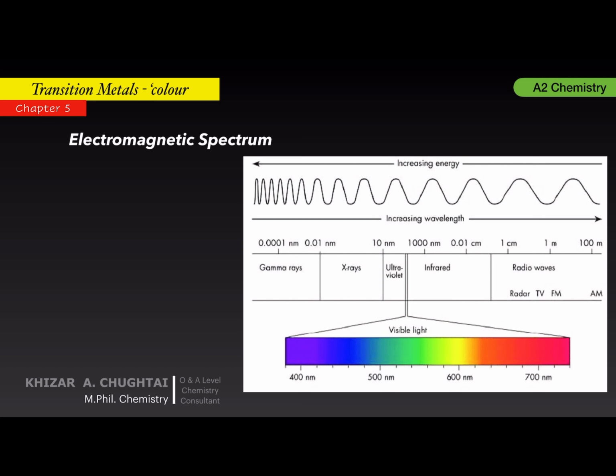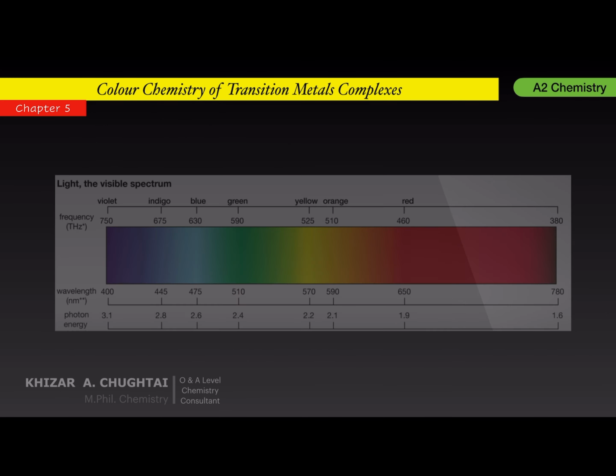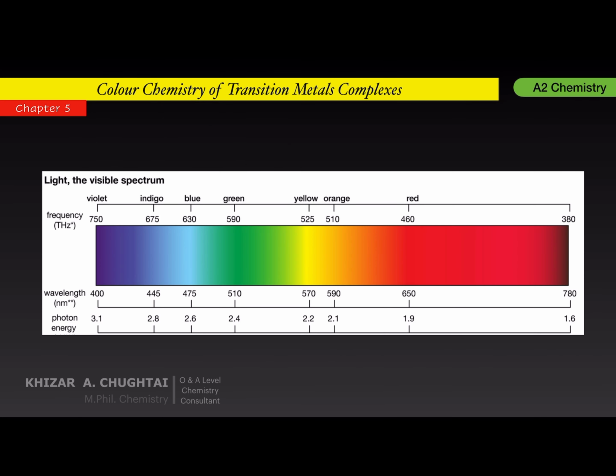Let's talk about the visible spectrum. In the visible spectrum, there are basically seven color bands. Number one is violet, then indigo, blue, green, yellow, orange, and the rest of the portion is red in color. The wavelength starts from 400 nanometers and goes up to 780 nanometers.